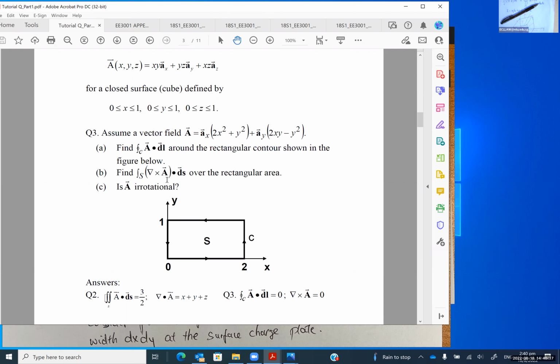Okay, now why are you learning all this? It's all maths. Everything is maths. Why are you learning all this? Basically, divergence is usually applied to find the E field, because the divergence theorem can relate to the total charge enclosed in that volume.